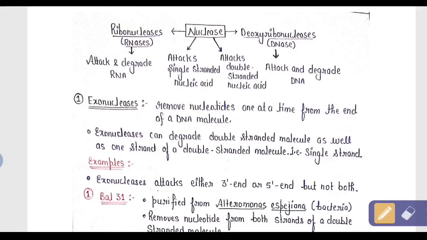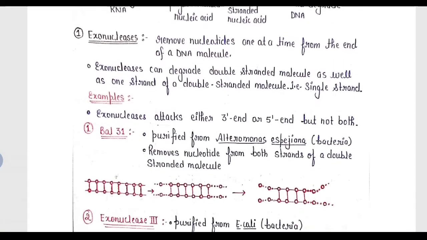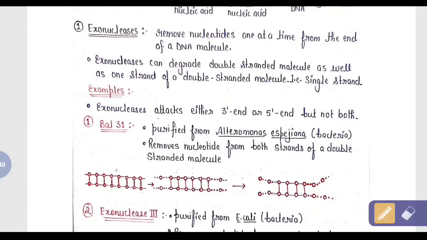Now moving towards the exonucleases. Exonucleases are the nucleases which attack the ends of the DNA molecule and not in between. Whenever a nuclease removes nucleotides one at a time from the ends of the DNA molecule, that is known as an exonuclease. They do not act or attack in between the DNA molecule.